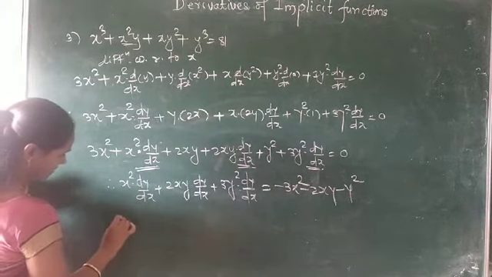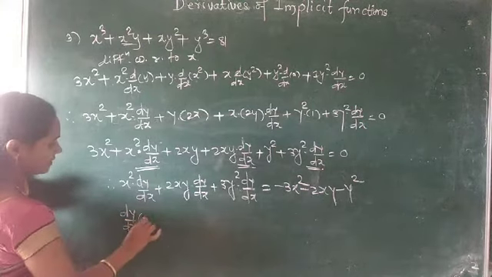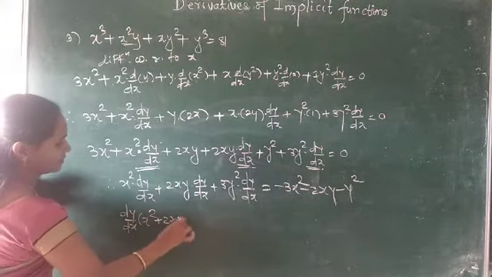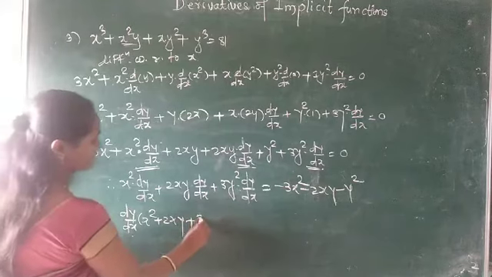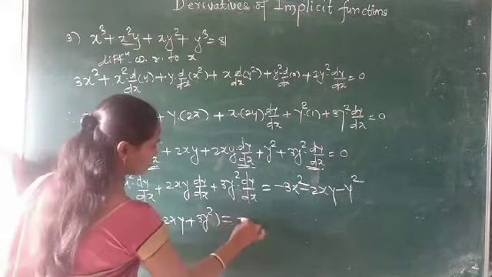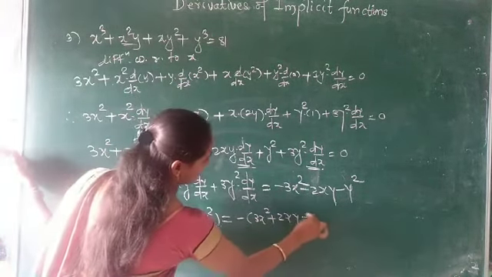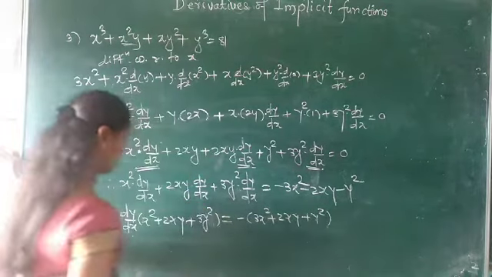So dy upon dx into x square plus 2xy plus 3y square is equal to minus, taking minus common, 3x square plus 2xy plus y square.